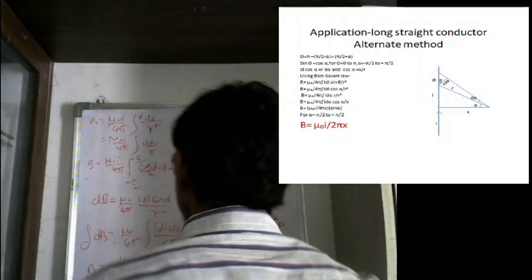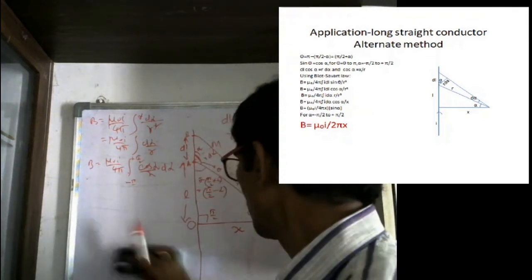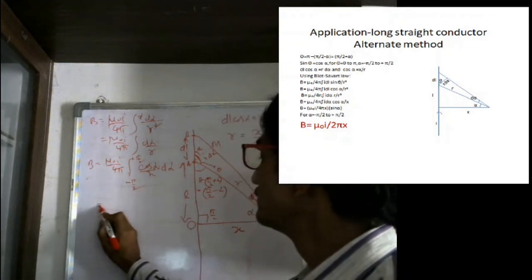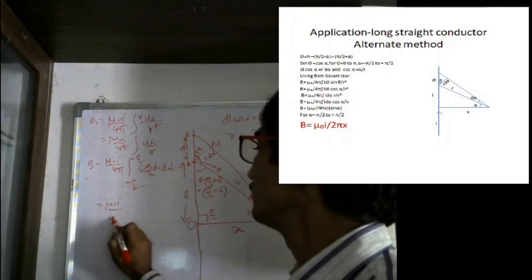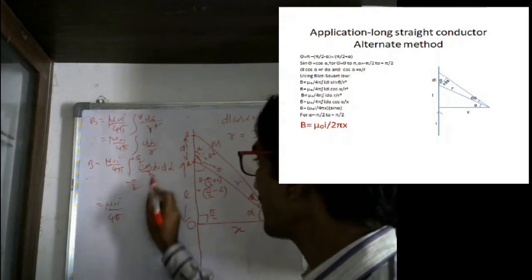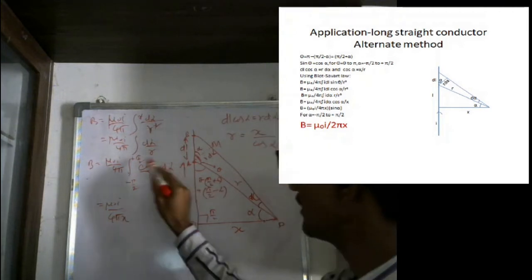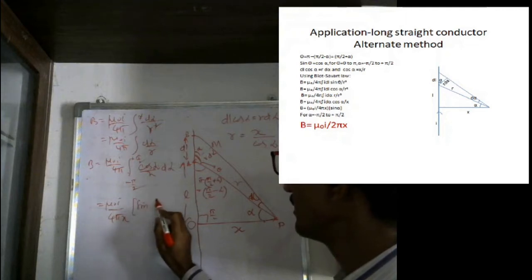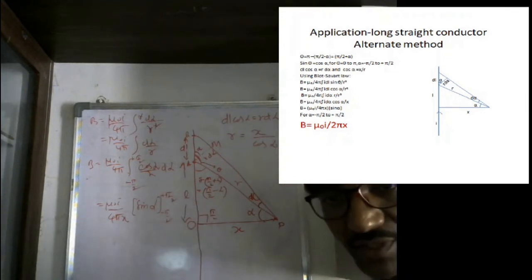Now this is equal to mu naught I by 4 pi x, where x is also constant here. Inside the integral symbol we have cos alpha, so the integral of cos alpha is sin alpha with limits minus pi by 2 to plus pi by 2.